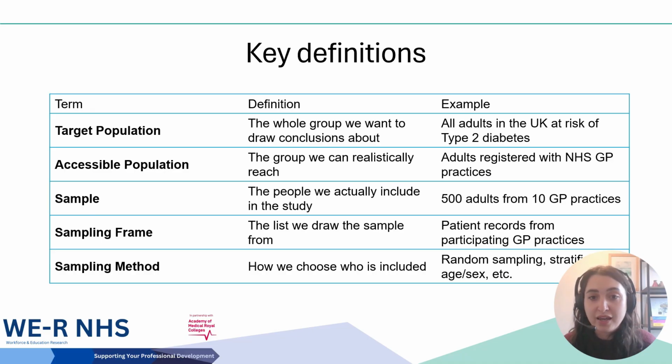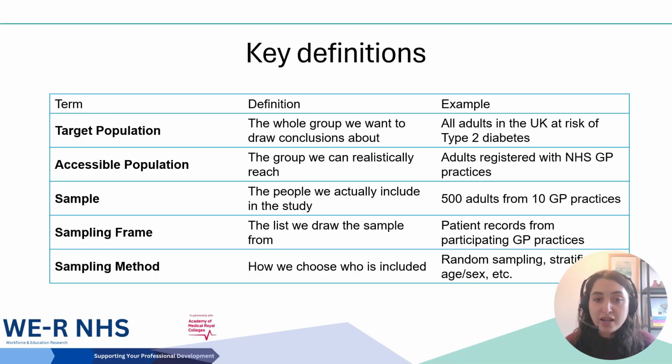An example in this case is therefore adults registered with NHS GP practices. This is still going to be far too large for us to use for our research project. Therefore, we want to create a sample, and these are the people who we actually include in our study. An example in this case might be 500 adults from 10 GP practices in the UK.